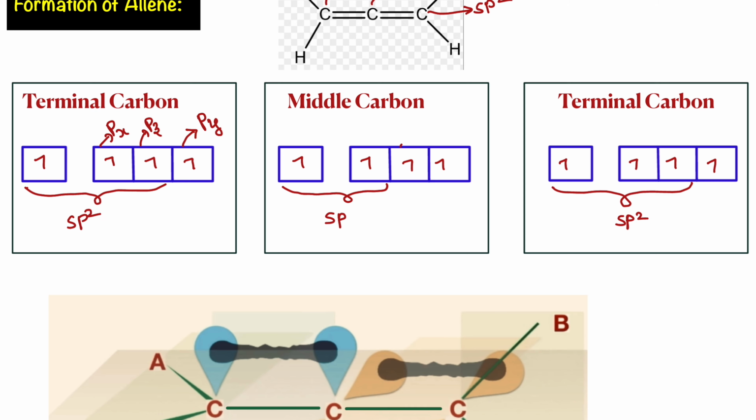For the middle carbon, let me take this as py, this as pz, and of course the px orbital is going into hybridization. But here I am taking the pz orbital of the other terminal carbon. You will also understand why it is the pz orbital and why not the py orbital. So obviously this will be px and py orbitals.